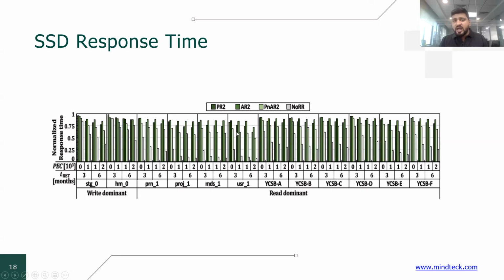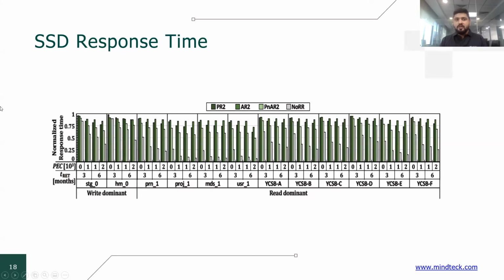Whenever read retry is happening, the combination of pipeline and adaptive read retry gives the best data compared to putting them in individually. That's why using these two technologies together gives the best data, as we can see from these response times.